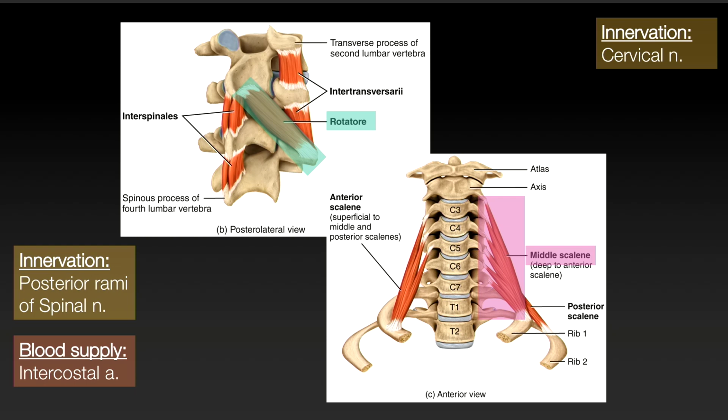While this is a disruption to the status quo, it's easy to remember because their supply are cervical arteries. Cervical nerve, cervical artery. The innervation and supply for these scalene muscle groups.